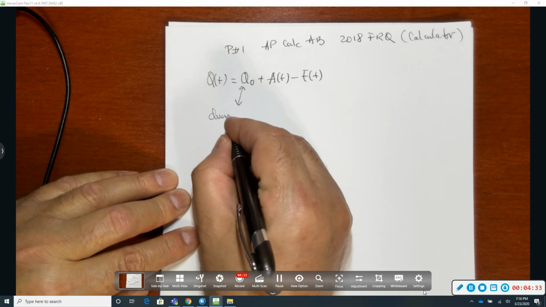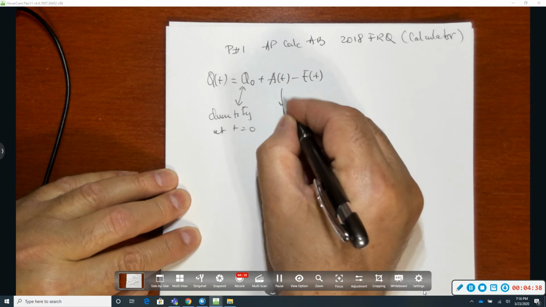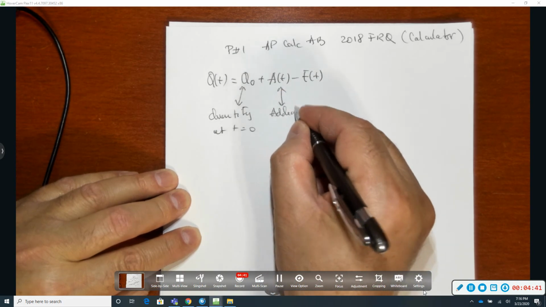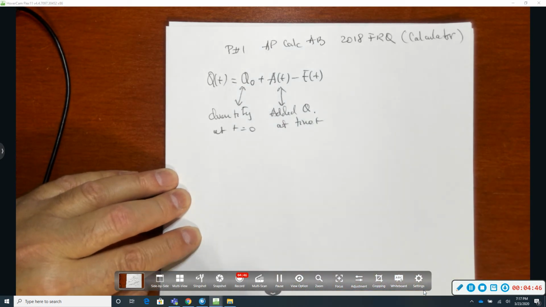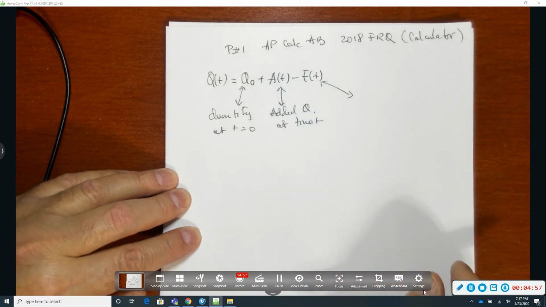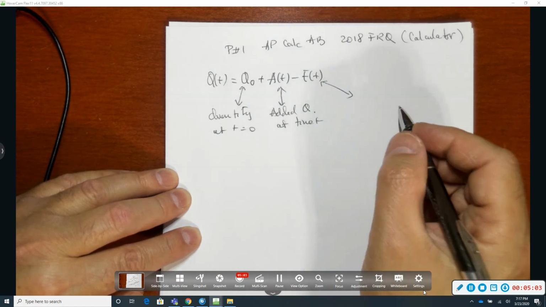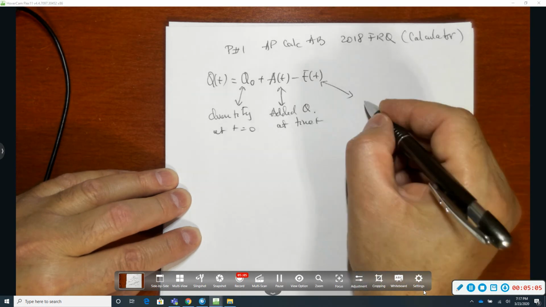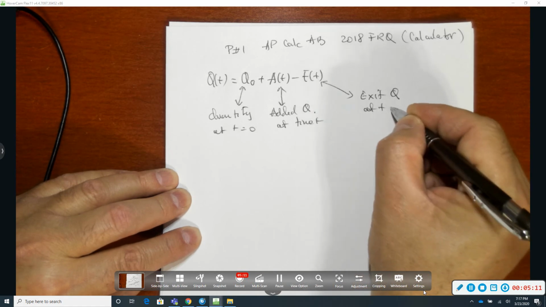This is the quantity, generally speaking, at time t equals 0. That's the added quantity at time t. So this is going to be added systematically for a period of time, in our problem, for a time between 0 and 300 seconds. And this is a quantity that is being eliminated, also systematically, from that big Q of t. So this is the exit quantity at time t.